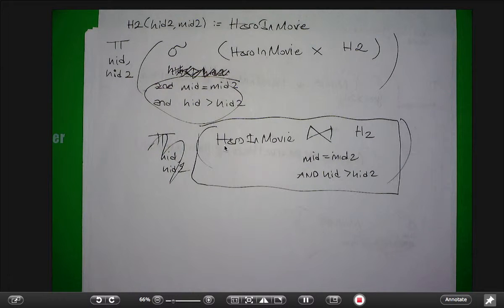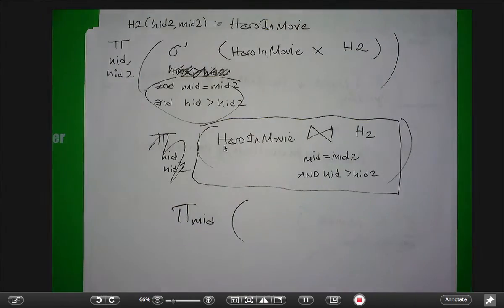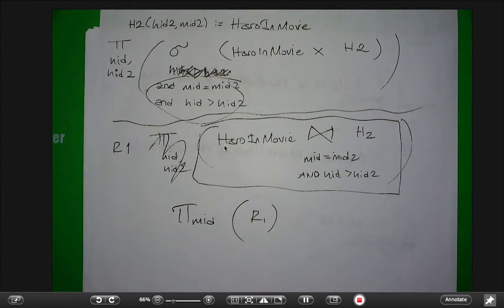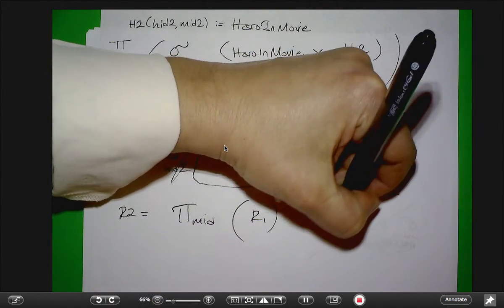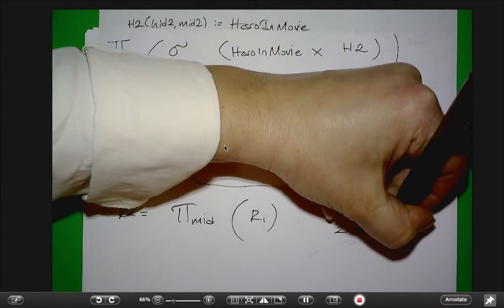So let's call this R1. If I projected this, I found all movies that have at least two or more heroes. It could be more than two. That's important. But it at least is two. So let's call this R2. So R2 is movies with two or more heroes.